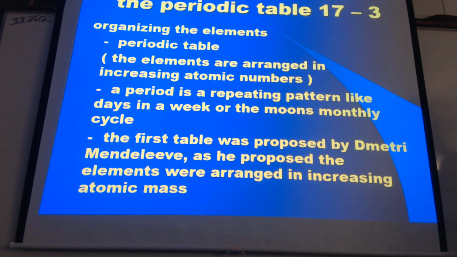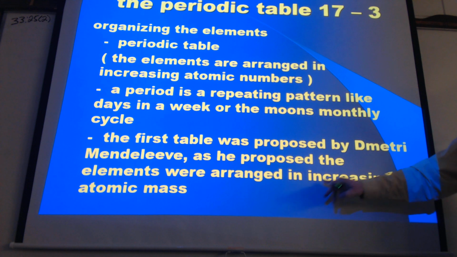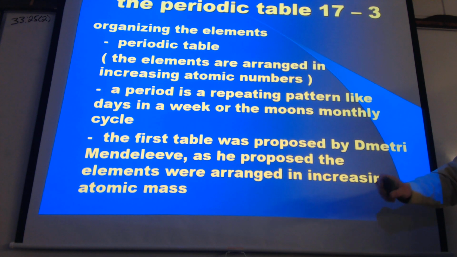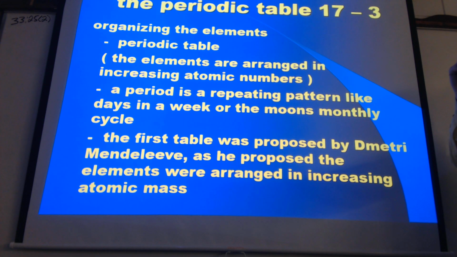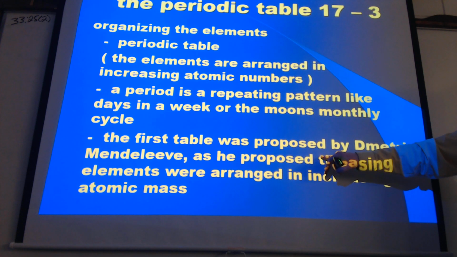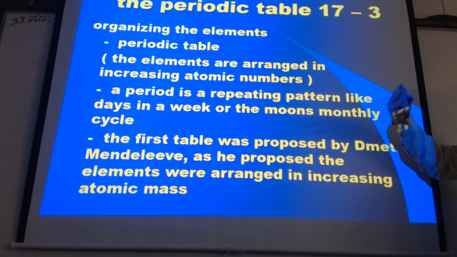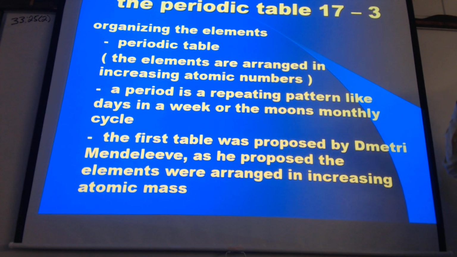So as we see this, he arranged this in increasing atomic mass. We talked about one place where that's not correct, and it's right here. What is tellurium's atomic mass? 127. What is iodine's atomic mass? 126. So you're going backwards. So that is not how this actually works. It's actually arranged in increasing what?